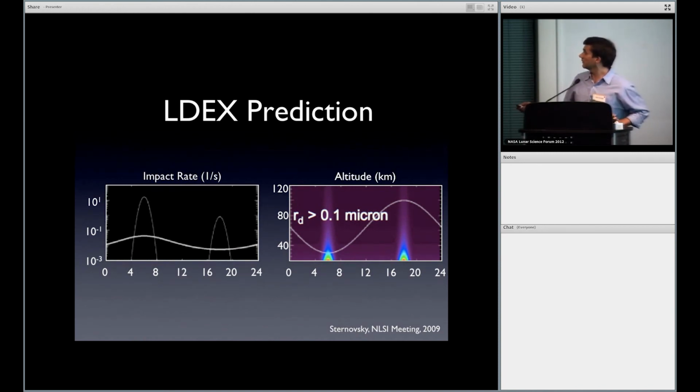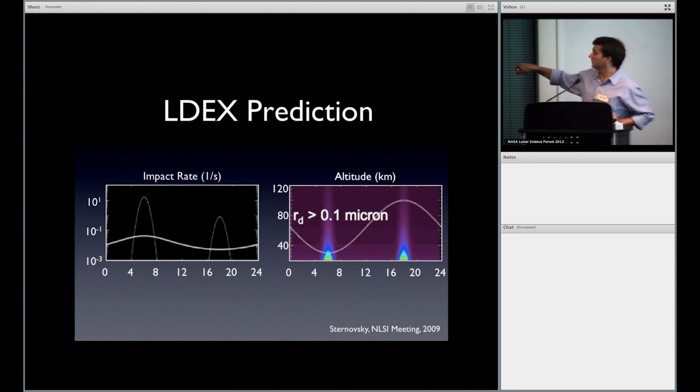Of course, there will be periods when we have meteor showers, and during these periods, we expect to see an increase of ejecta particles in the lunar exosphere. These are the predictions calculated for the LADEE mission. Let's pay attention to the figure on the right first. This is altitude above the lunar surface, this is time in lunar hours, and the dust density is color-coded in this figure.